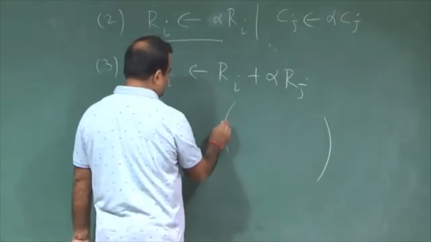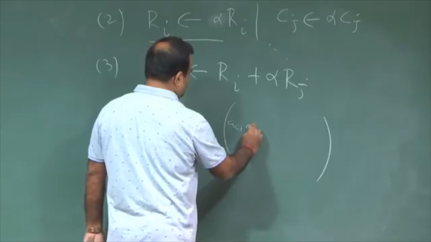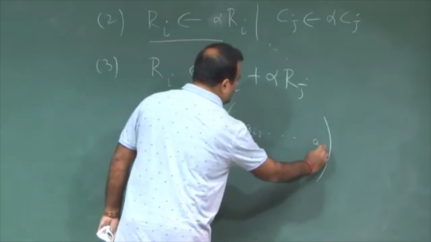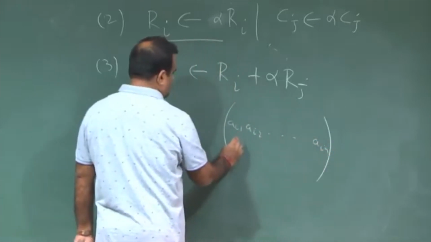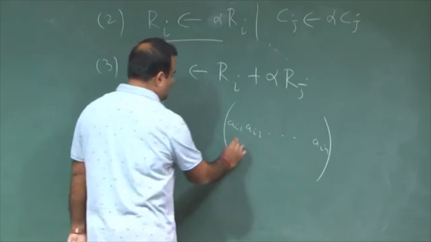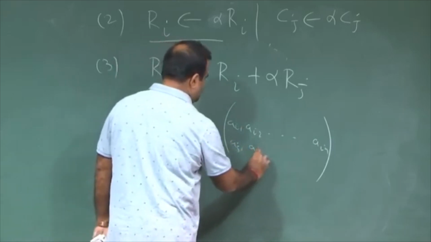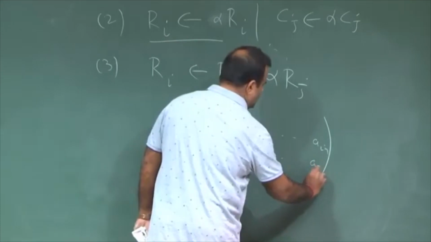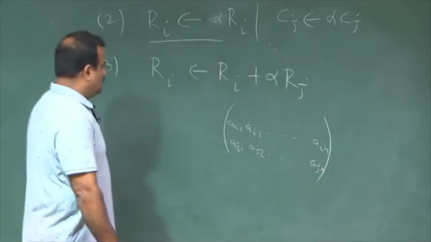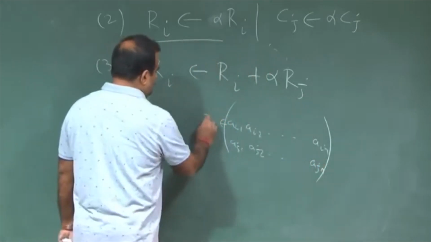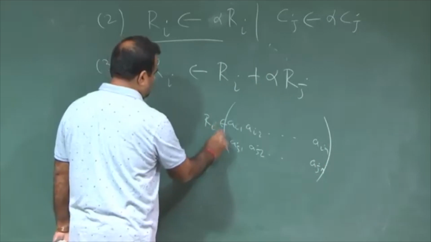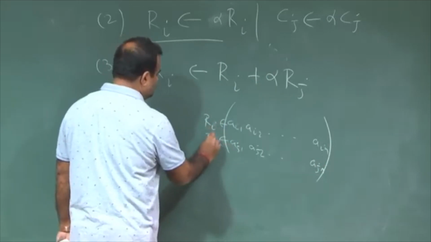So, this is ai1, ai2, ..., ain, and aj1, aj2, ..., ajn. Now, this is our ith row and this is our jth row.